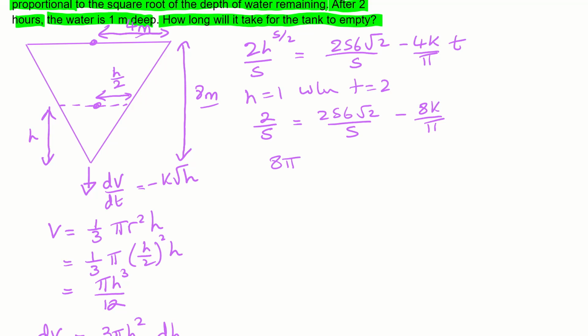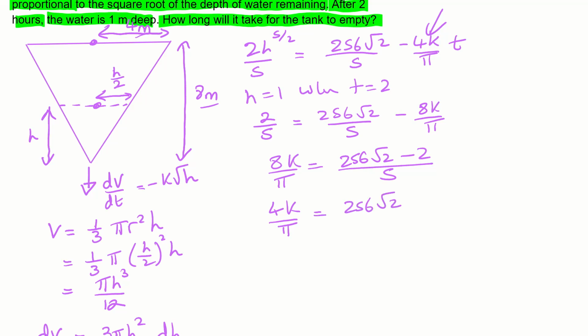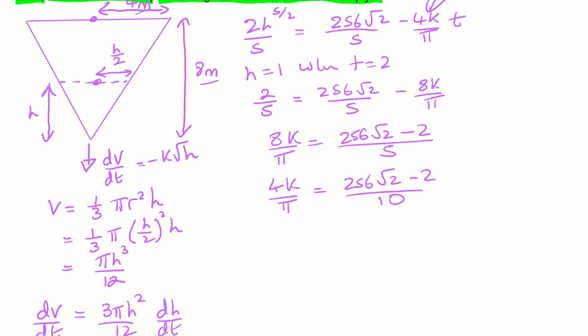So 8k on pi would be equal to 256 root 2 take away 2, all on 5. And so we're interested in 4k on pi. 4k on pi would be equal to 256 root 2 take away 2, all on 10.